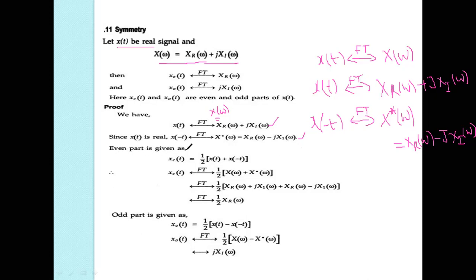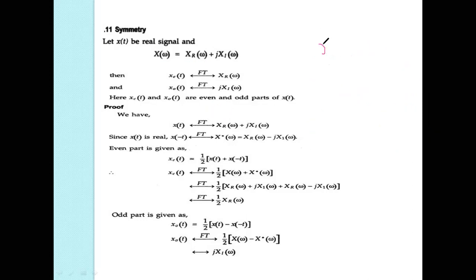The even part is given as xe of t equal to, how did we get this function? Let x of t have even and odd parts, xe of t plus xo of t, and x of minus t is equal to xe of minus t plus xo of minus t, replacing t with minus t.